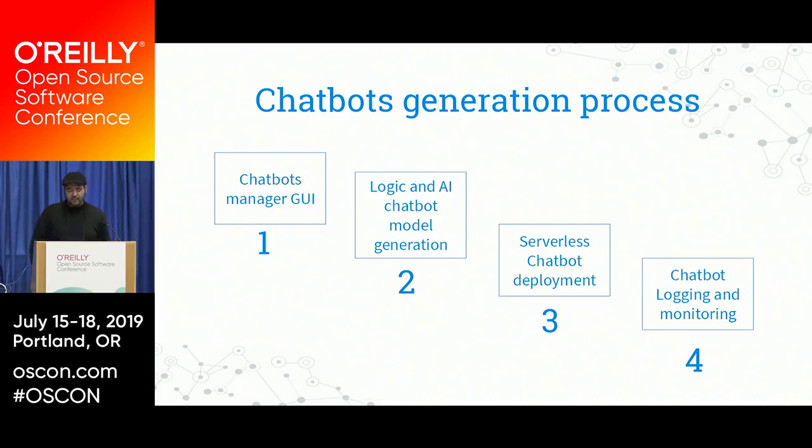The second step could be to create the logic using artificial intelligence, the steps, the JSON that I showed you, to create the model for artificial intelligence. The third step could be to deploy and package that logic in a container, using a serverless platform like OpenFaaS. And the fourth step could be logging and monitoring your collected information.